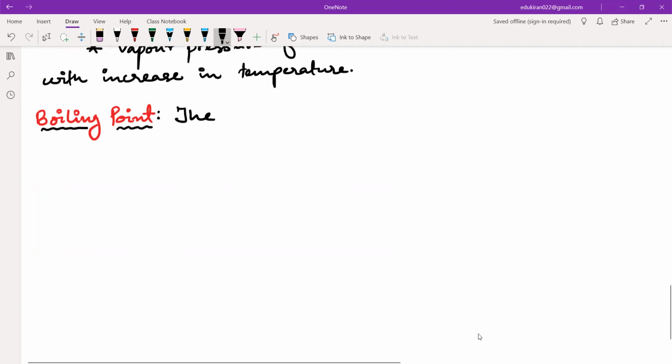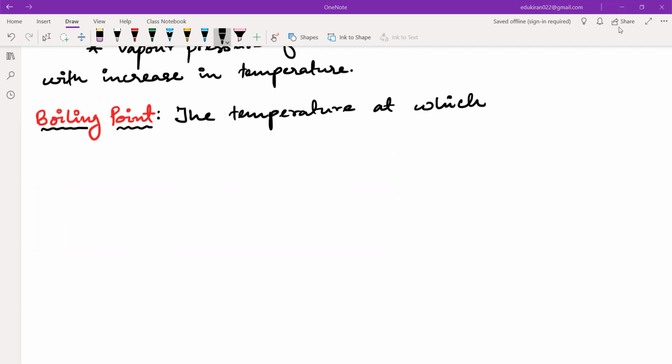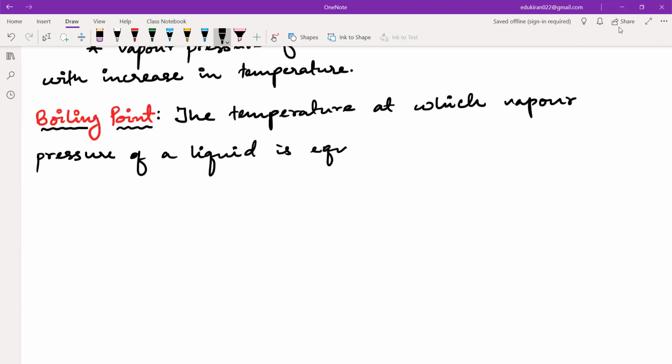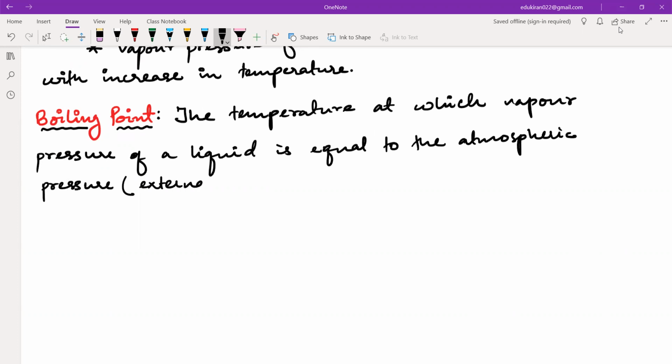The temperature at which vapor pressure of a liquid is equal to the atmospheric pressure, or the external pressure.